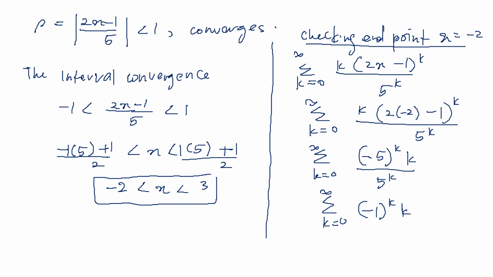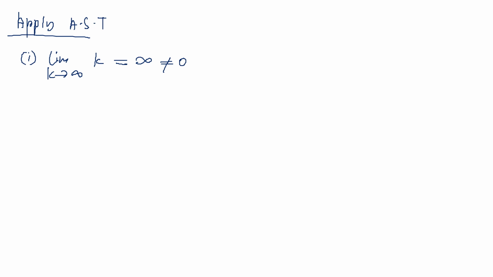As we simplify, we get this for x equals -2. Now we have to see what kind of test is appropriate. We can use the alternating series test, so apply AST. We have two conditions. Limit k approaching infinity of k, you will get infinity, which is not equal to 0.